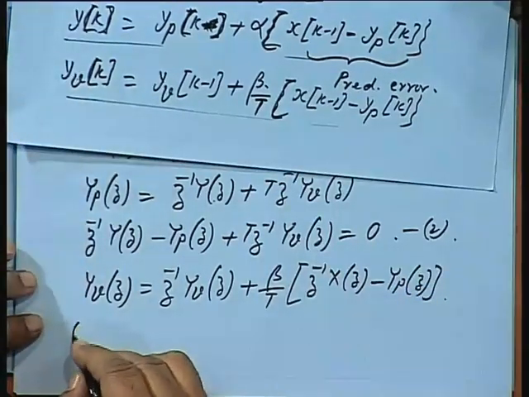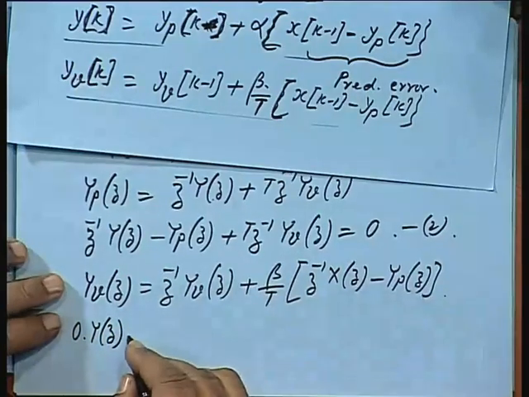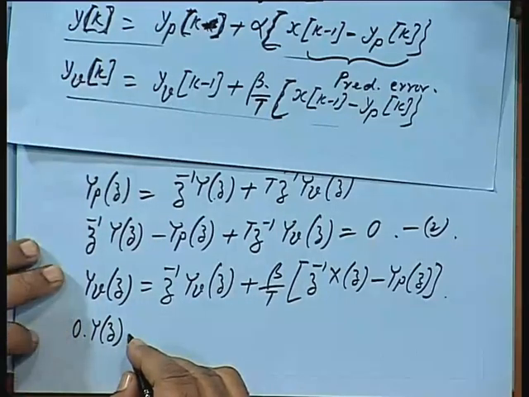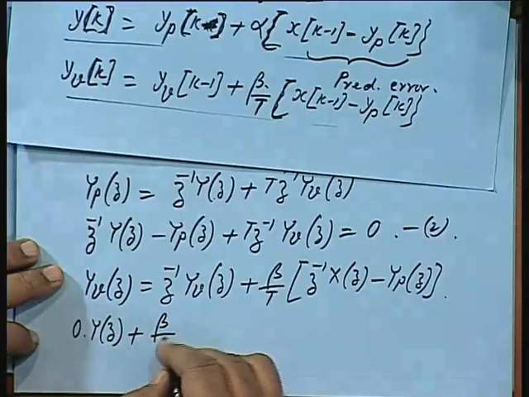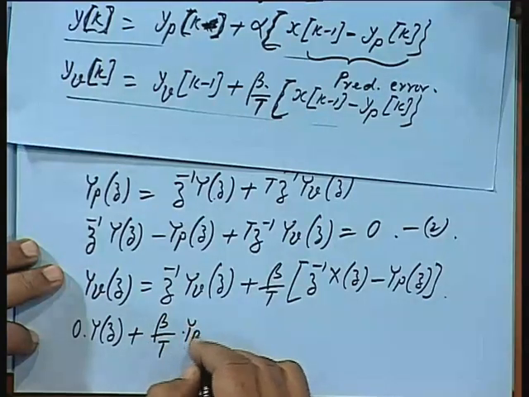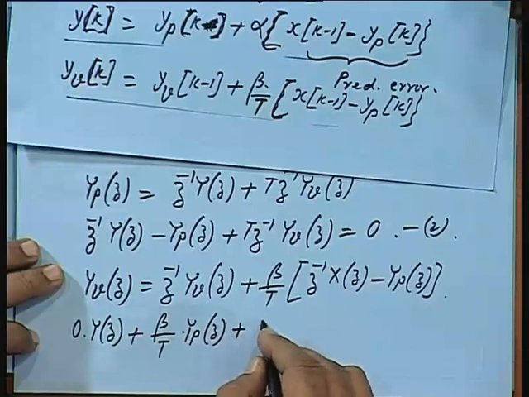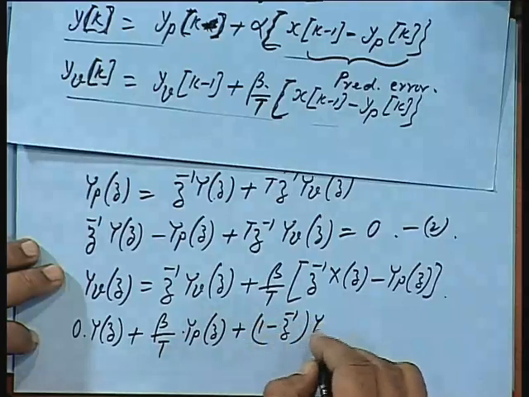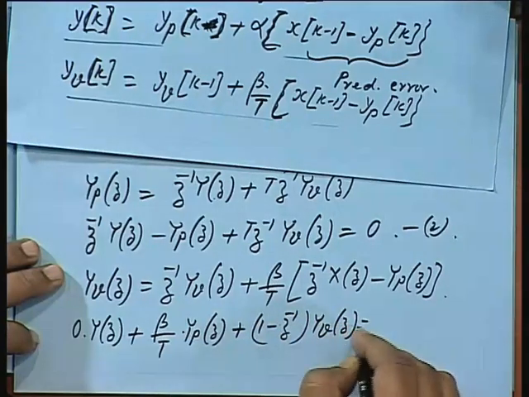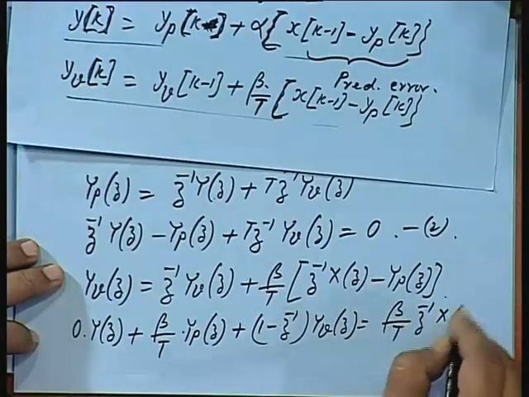In other words, I can write 0 into y z, there is no y z term here, plus beta by t y p z plus 1 minus Z inverse into y v z is equal to beta by t Z inverse x z.